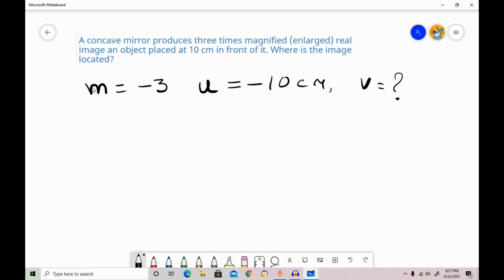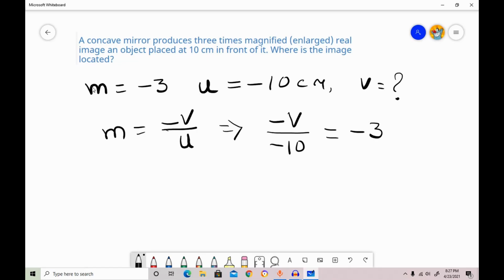Now write the magnification formula, m equals -v divided by u. We don't know v, so -v divided by -10 equals -3.